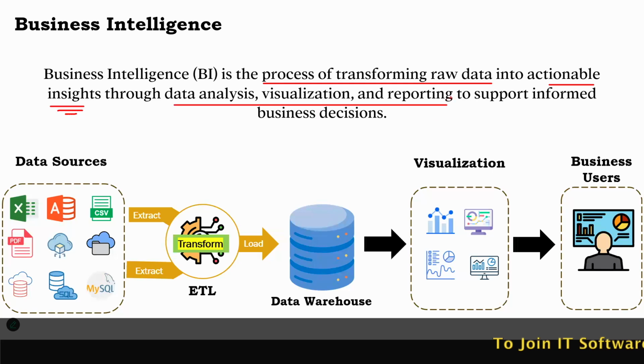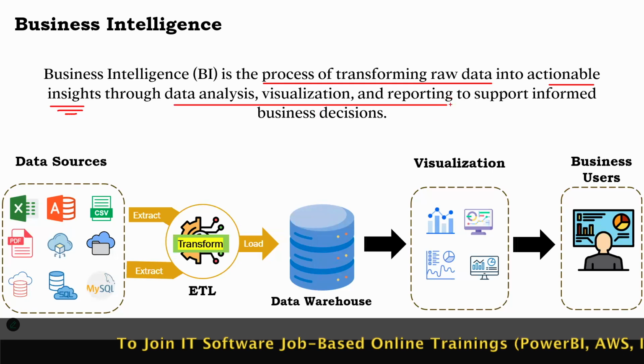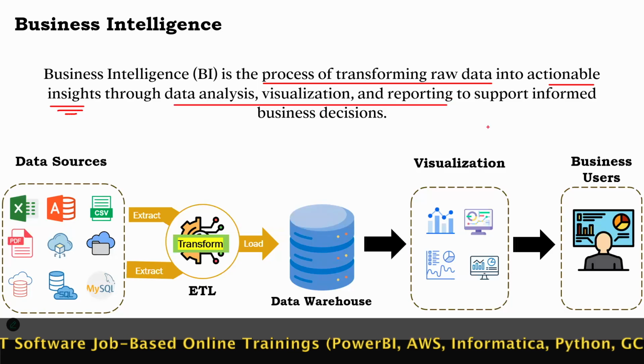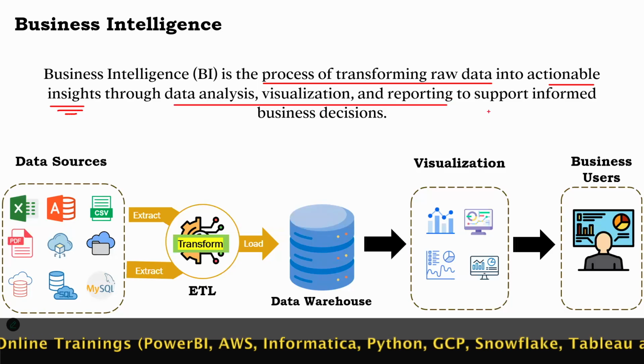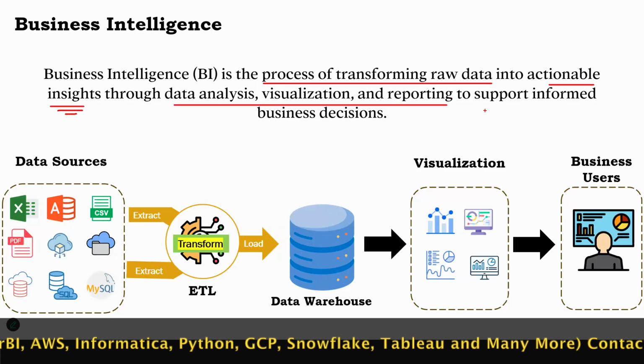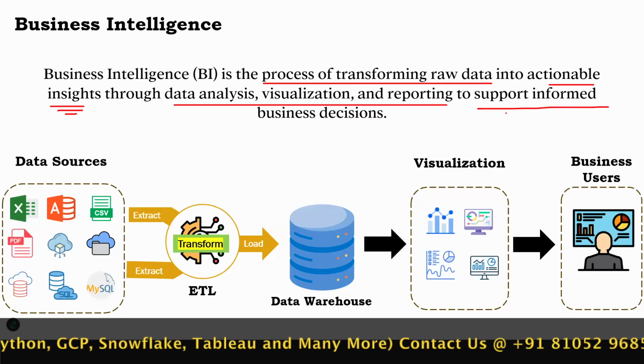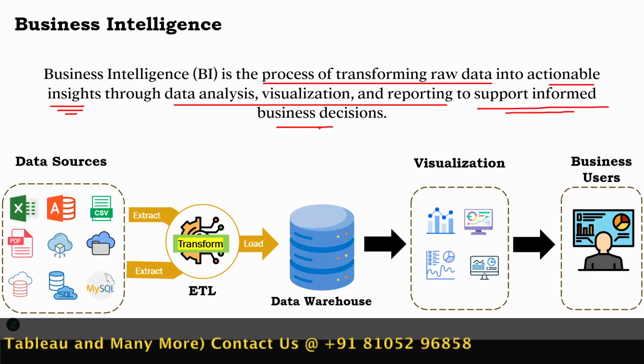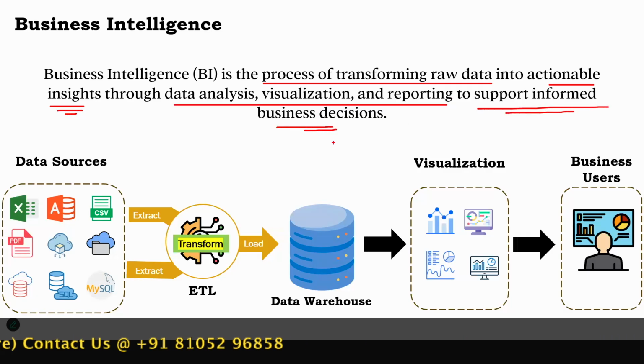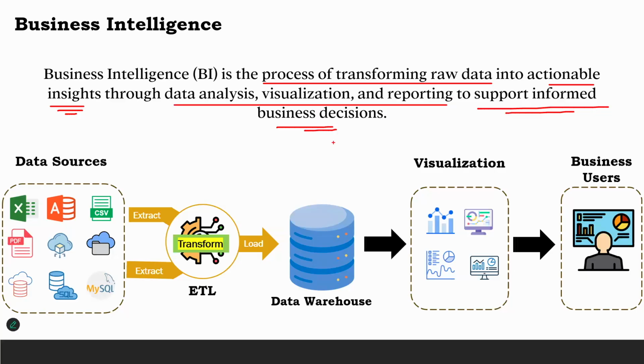We will do some data analysis, visualization, and reporting on that raw data that is coming in. For what purpose? This is the main, and this is the second half of this definition. You're going to do all of this because you want to help users make those informed business decisions. Okay. You're not just going to do this for the sake of it, because you're paid, because you have to build a report.